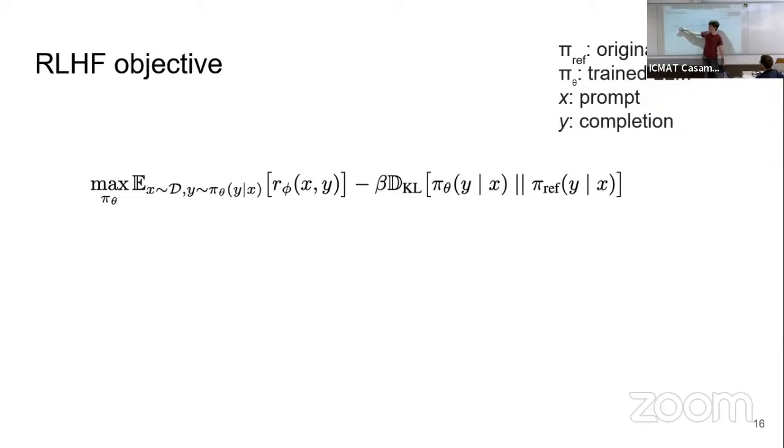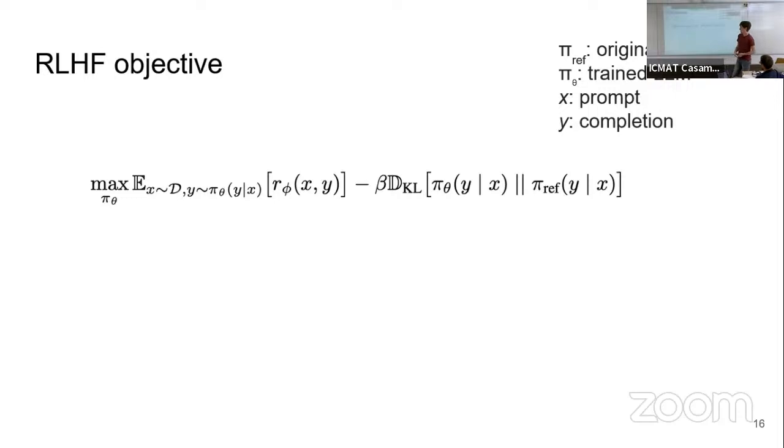We generate prompts or questions from a set, and then we generate completions with the model, and we evaluate how good those completions are. So we want to make them as good as possible. But this is an empirical thing. There is no real justification a priori. If you just maximize this, it overfits, because this reward can be an approximation. So the model learns to over-optimize this, and it's really a bad objective.